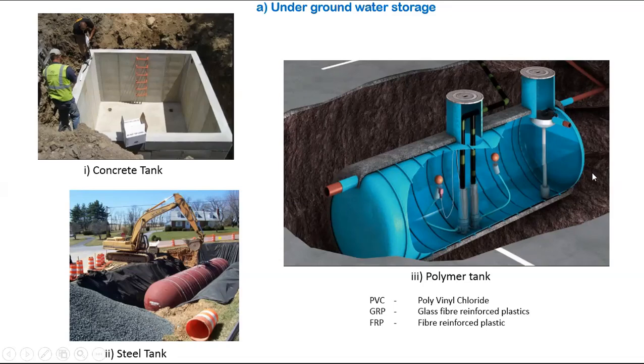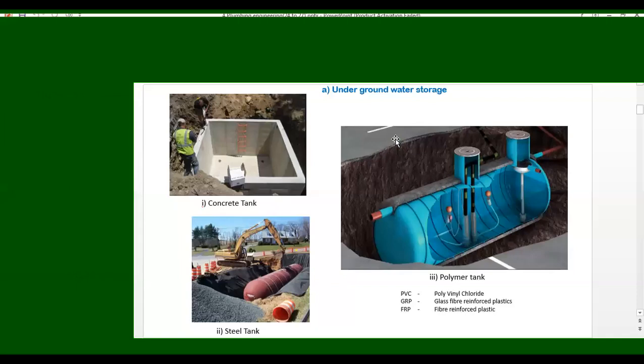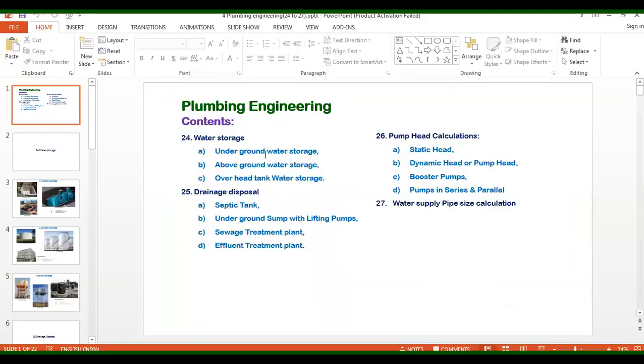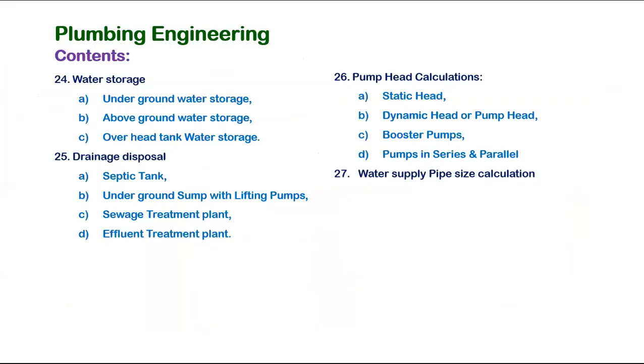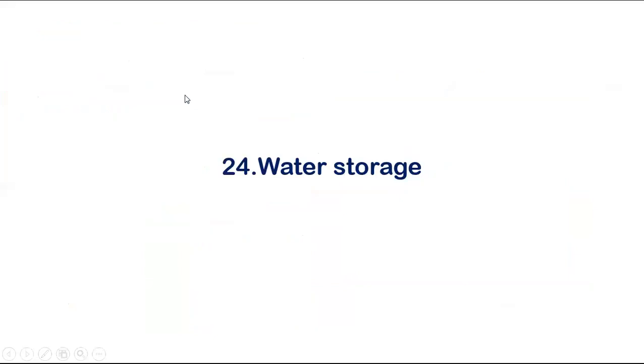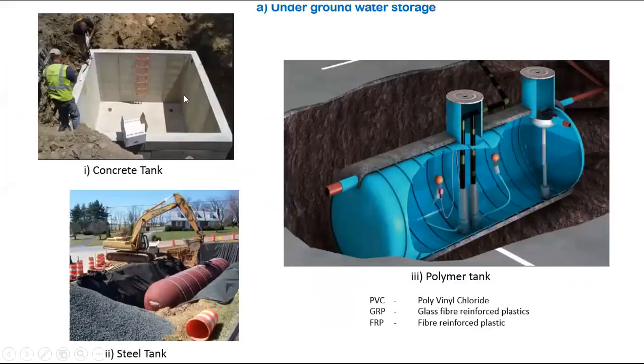These are the underground water storage. Underground water storage, above ground water storage, overhead water storage, we have to see. We go to underground water storage first. These types are there: concrete tank, steel tank, polymer tank. These are the underground tanks.